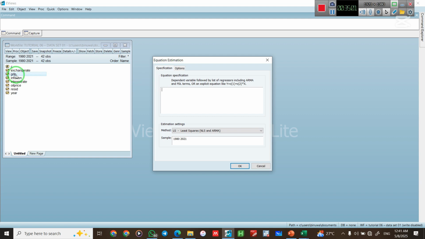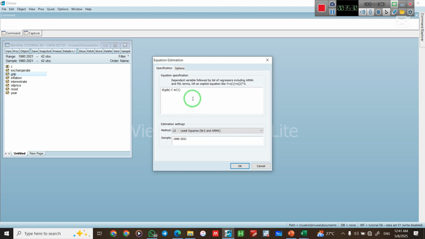We know that GDP becomes stationary at its first difference, so I will type DGDP. Once you type it, the full name will pop up here. Then you can double click it, then close the bracket, then type C and AR(1) within brackets.